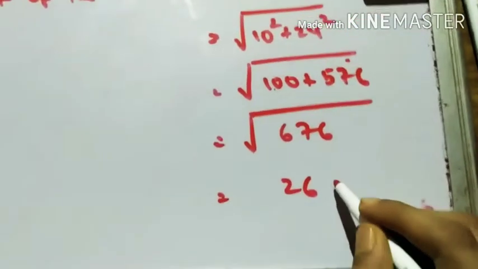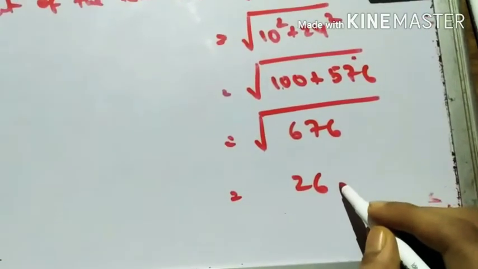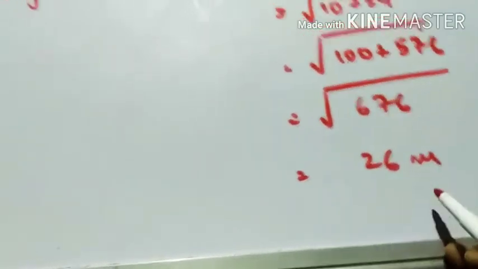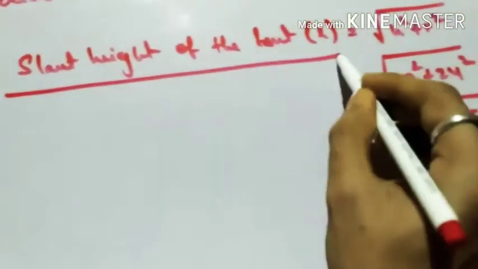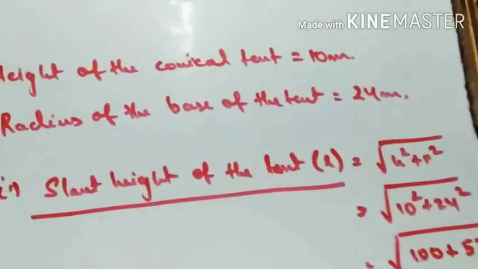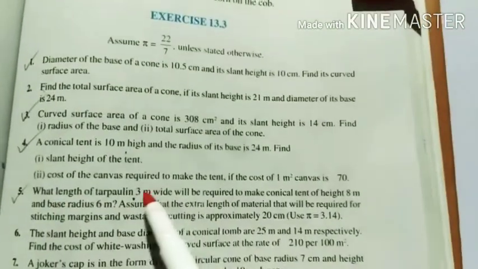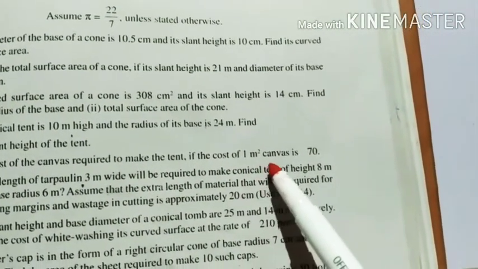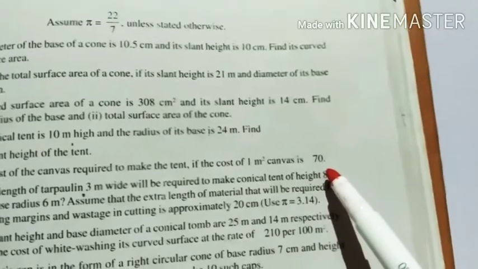Finished. 26. What I will write? Slant height 26 meter. Yes, 26 meter. Finished. Slant height of the tent, L is equal to how much? We got 26 meter. Okay. So next we will have to find the cost of the canvas required to make the tent if the cost of 1 meter square canvas is 70.